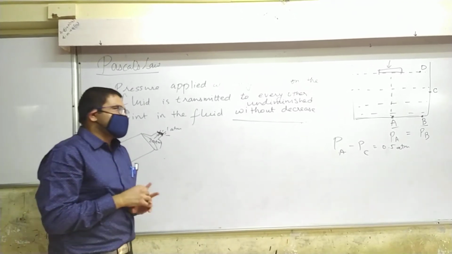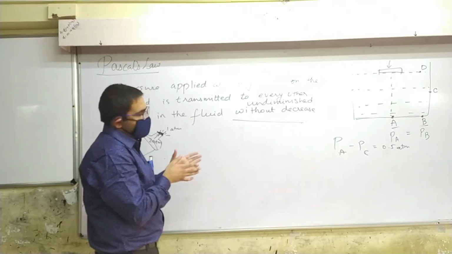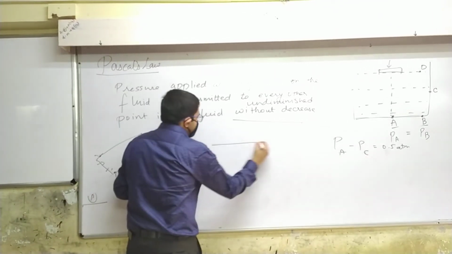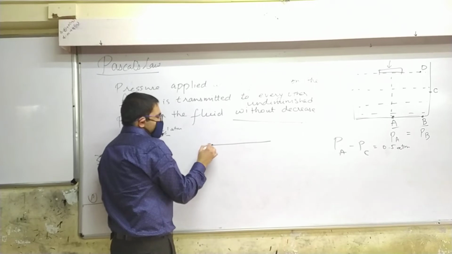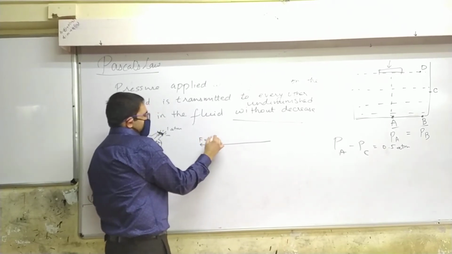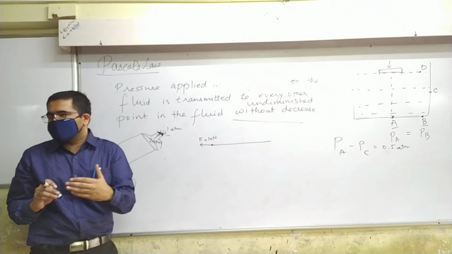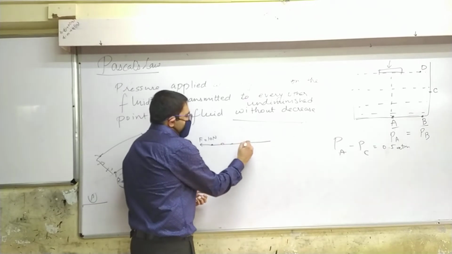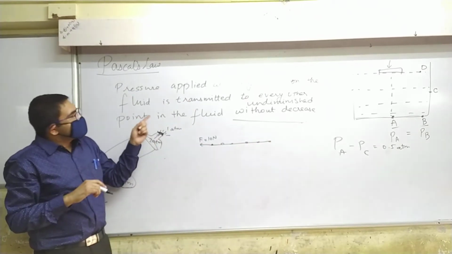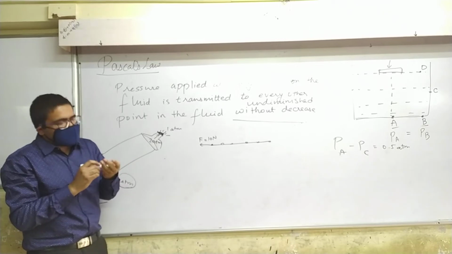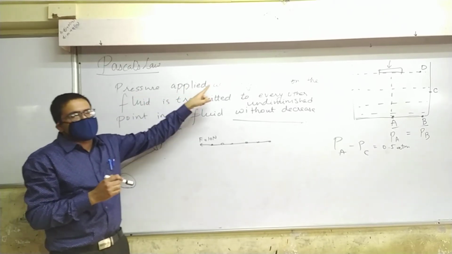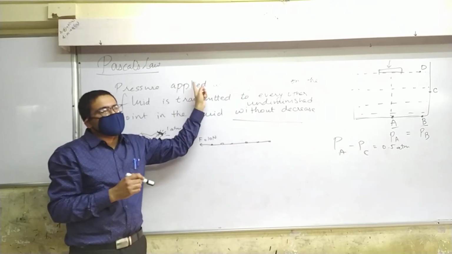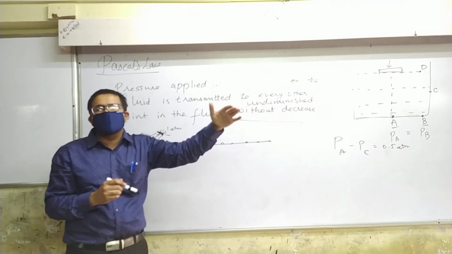Before we get on to hydraulic machines, there is one remark that I would like to make. How are solids different from fluids? Think of a rope. Let's say this is a rope. So if you would apply a force of, for example, 10 Newton, and let's consider the ideal case, ideal rope or ideal solid, then this 10 Newton is transmitted to every point. Do you remember? Yes. So for solids, I should actually say that force applied at any point will go everywhere without decrease.